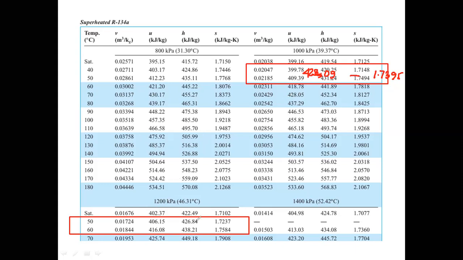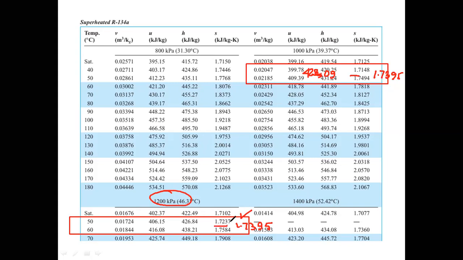Similar calculation is to be done at 1200 kilopascal because the entropy value which is to be matched is 1.7395, but here none of these are exactly matching with 1.7395, so we have to again interpolate.